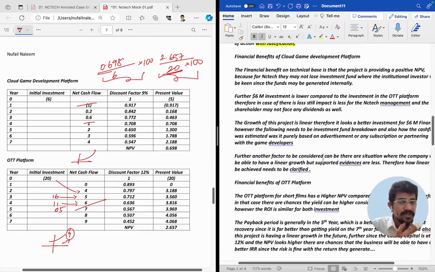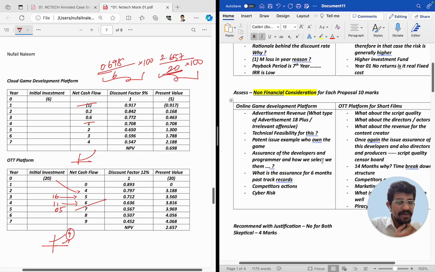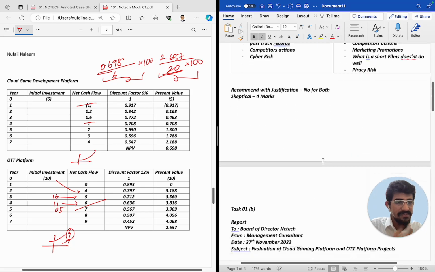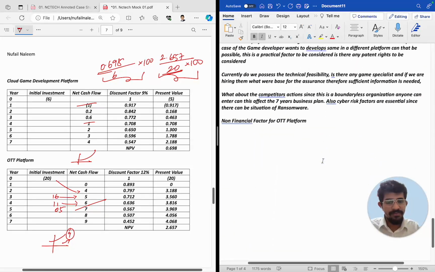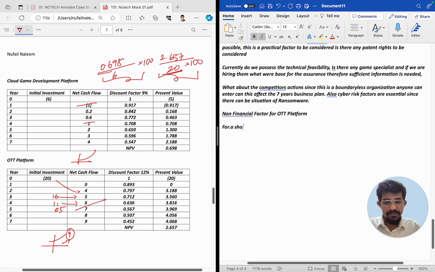If you go through the non-financial factor, what about the script quality, directors and actors? So I'll write down here. For a short film to be successful, there needs to be a good script quality. There needs to be good film actors, and music. Do we have the network?